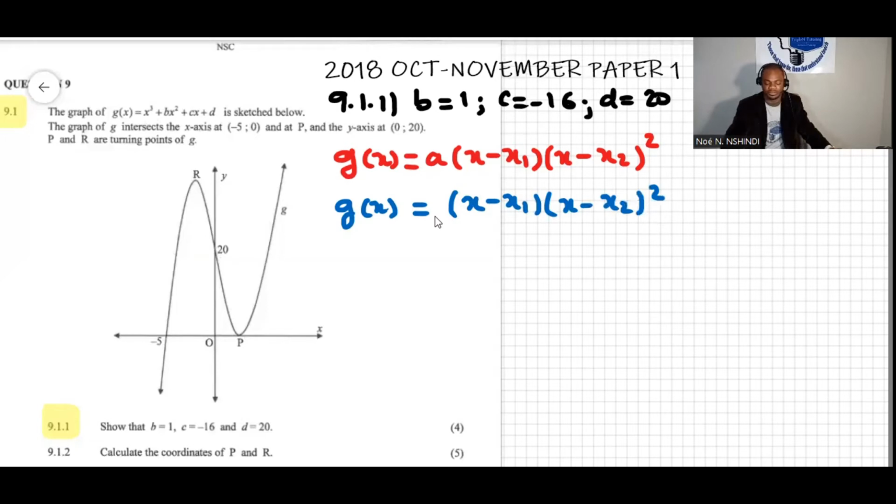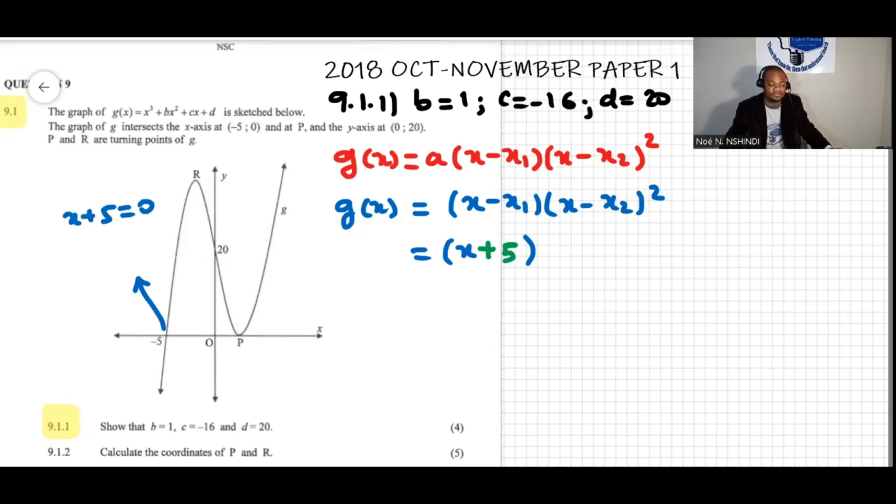Now, one of the intercepts is already given, -5 over here. So we can write there x minus 5. Actually, be careful here. We're not going to write x minus 5, but we are going to write x plus 5. Just because the x plus 5 here comes from x plus 5 equal to 0.